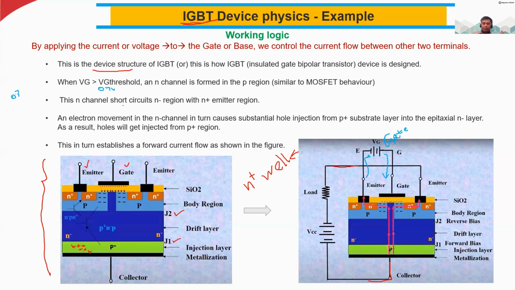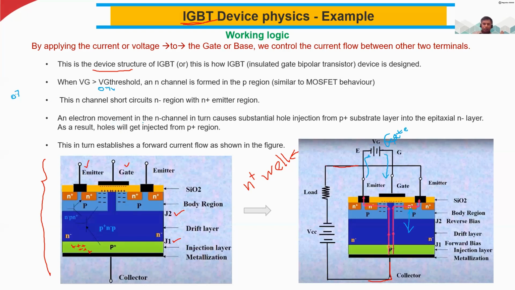And this N channel short circuits this N minus region with the N plus emitter region. Because of this N channel created by the gate voltage, it's short circuiting this N plus into this N minus. So you can see here the channel got created.